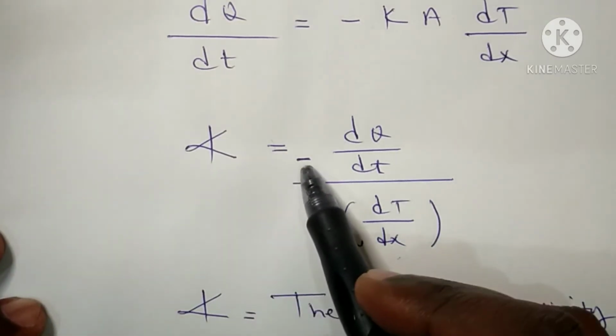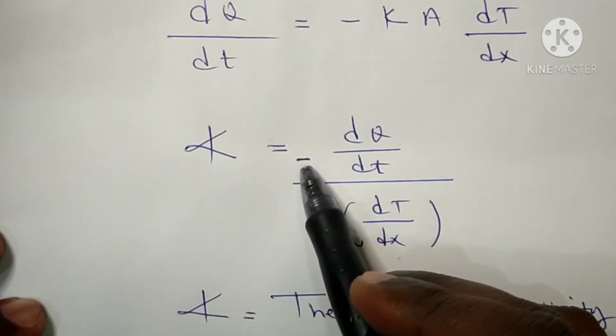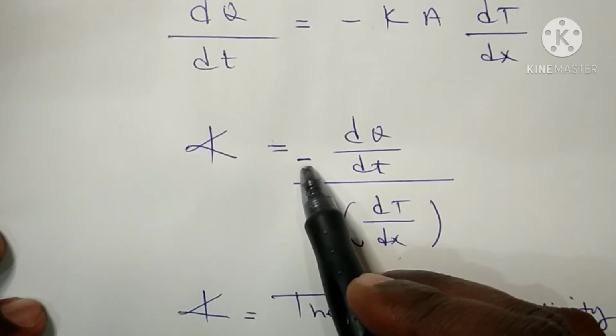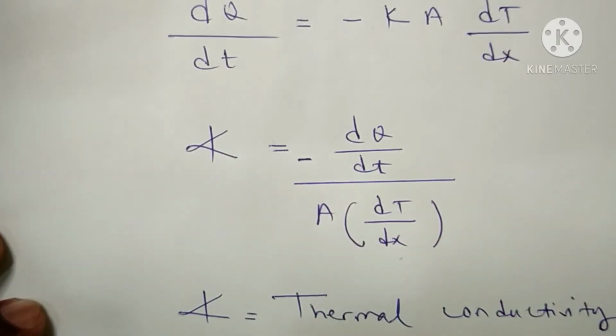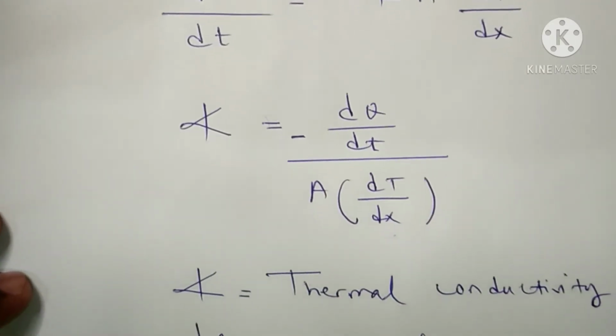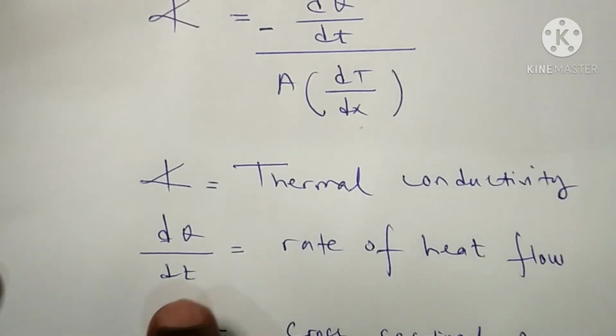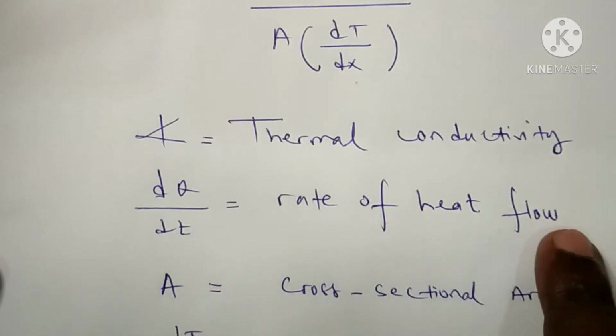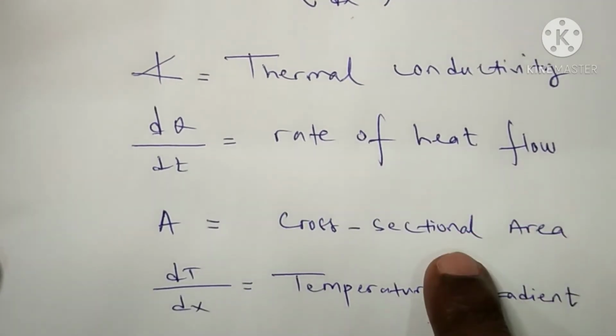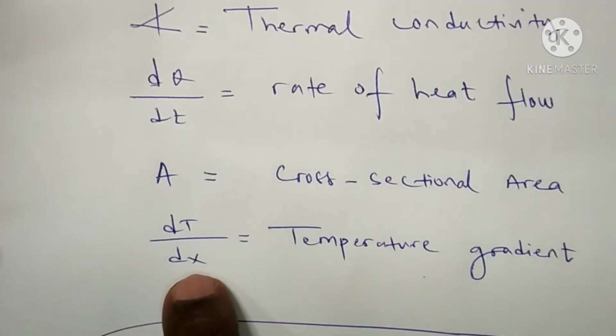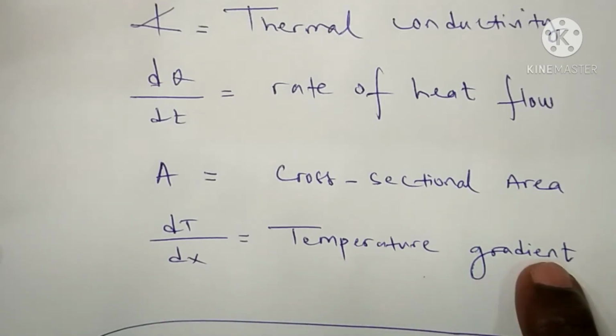And the negative sign here is about the temperature decreasing with increasing distance. So K is the thermal conductivity, dQ over dt is the rate of heat flow, A is the cross-sectional area, and dT over dx is the temperature gradient.